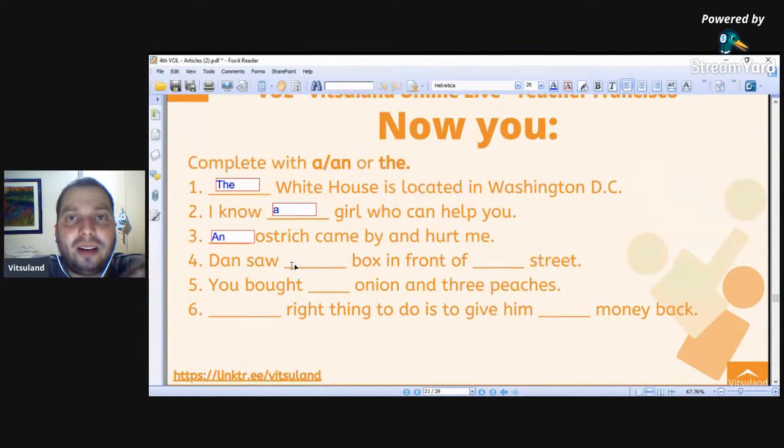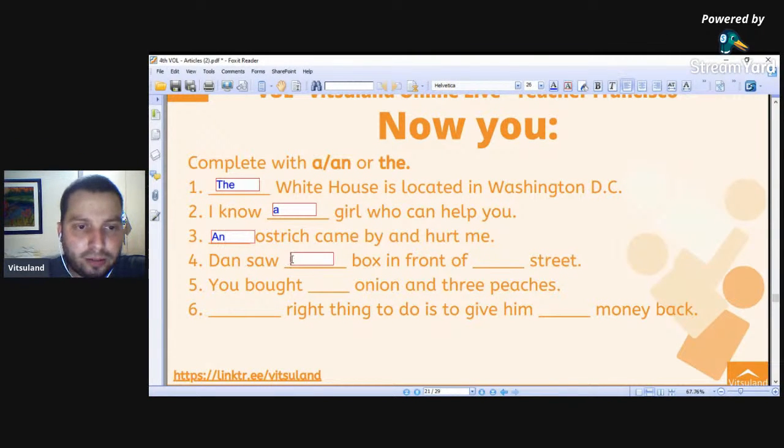Let's check out exercise number 4. It's really interesting. Dan saw a box in front of the street. So in this case, we have one for box and one for street, but they're different. Dan saw a box because it's not a specific one, like any box.